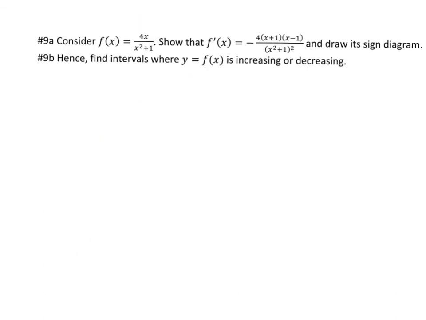All right, number 9. Here's our function. We're going to show the first derivative and then draw the sign diagram. So, first derivative, it's going to be the quotient rule. This is going to be our u, this is going to be our v. So u is 4x, u prime is 4, v is x squared plus 1, v prime is 2x.